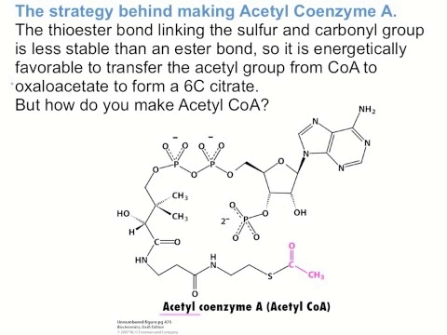And so when you transfer this acetyl group from a thioester to the normal ester, the difference in energies helps to drive the reactions forward.